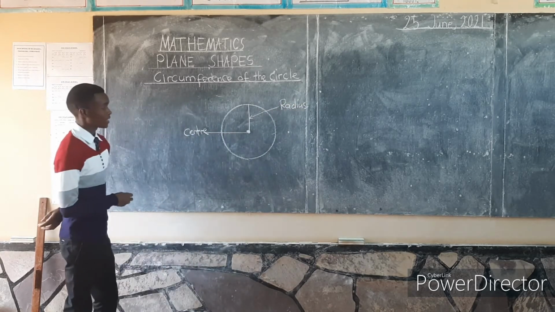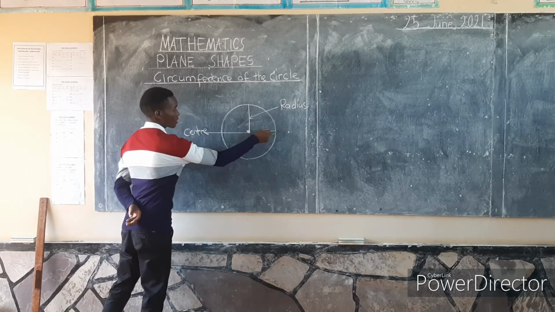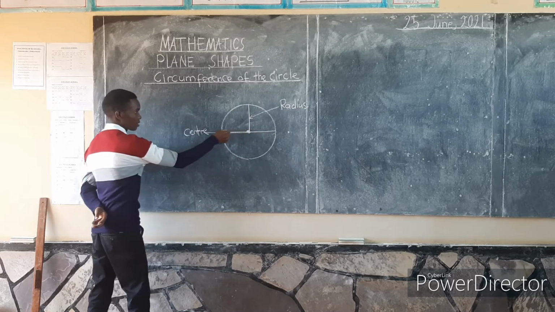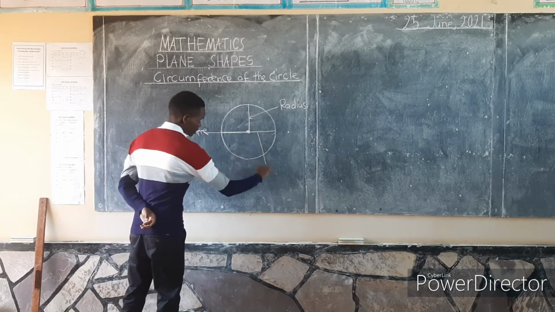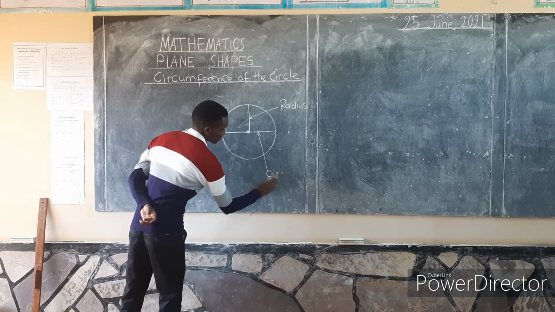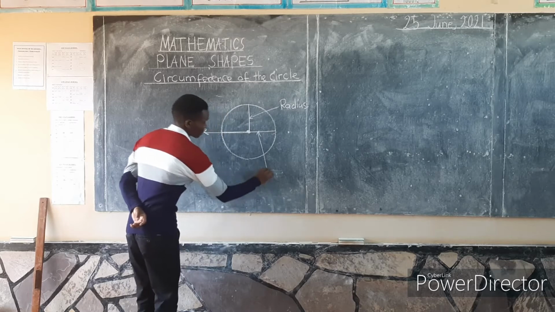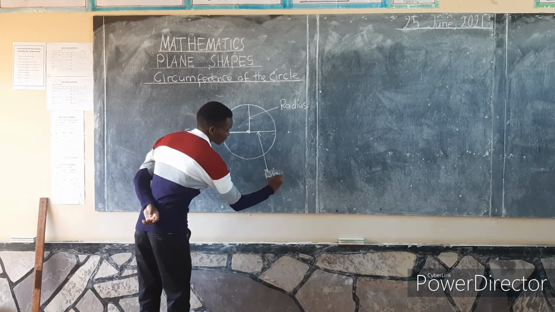We also have another line that cuts the circle into two equal parts, passing through the center. This one is called the diameter.